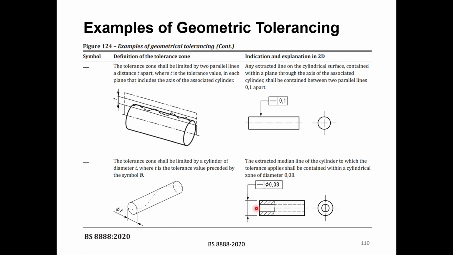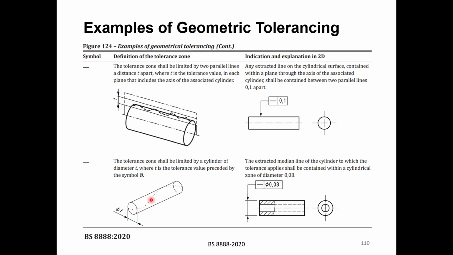So just imagine you are having another imaginary cylinder here that has the same length as this one, but with a diameter of phi t, which is quite small. Then this median line here should be within this diameter.